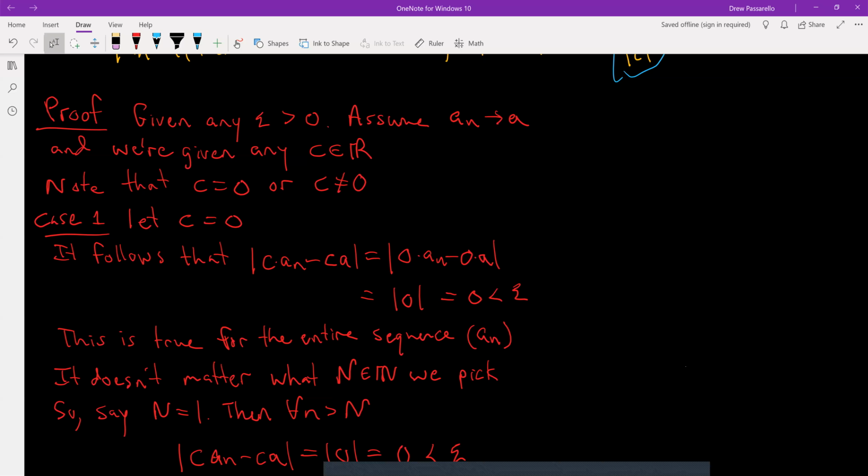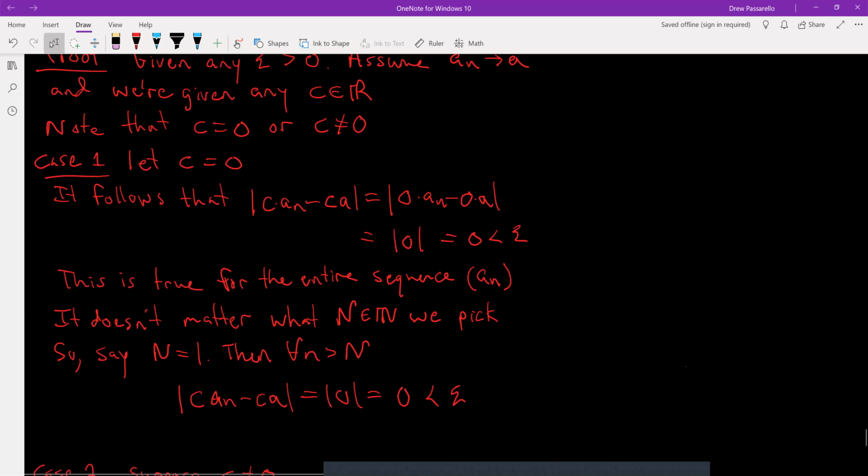That's true for the entire sequence a_n, so it doesn't matter what n we pick. So let's say we pick capital N to be 1 for the index. Then for all indices little n bigger than capital N, we have |C a_n minus C A| equal to 0, which is less than epsilon.